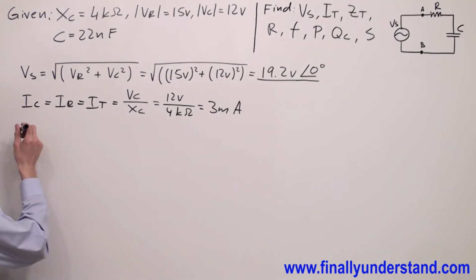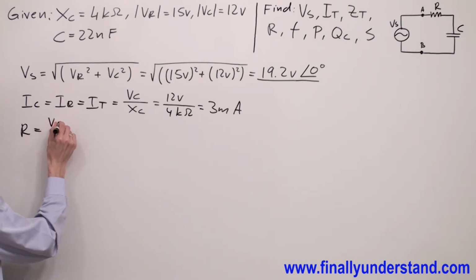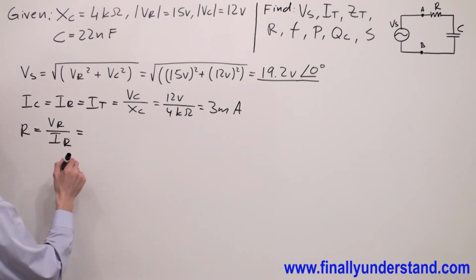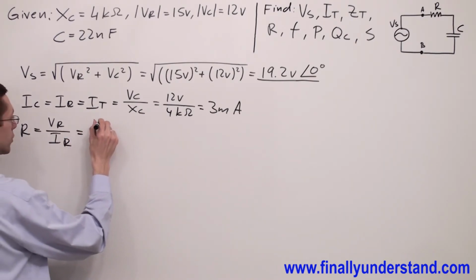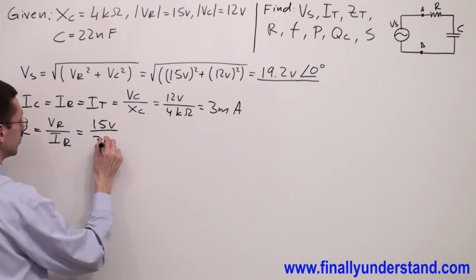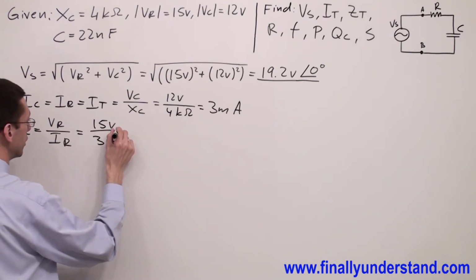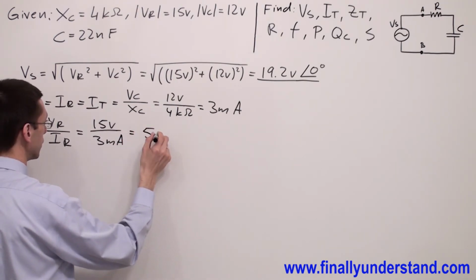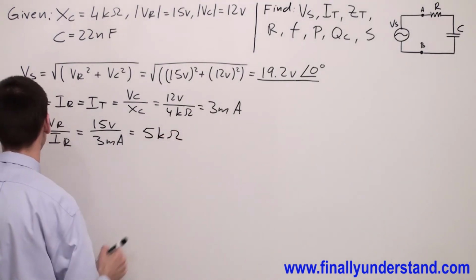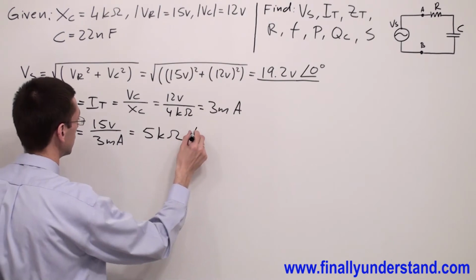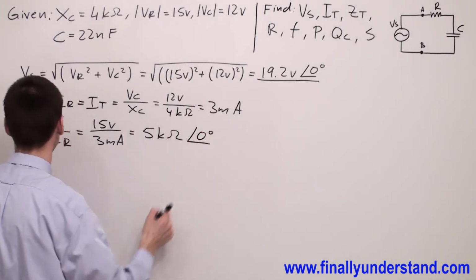Resistance is equal to the voltage across the resistor over the current through the resistor, where VR is equal to 15 volts over IR, which is equal to 3 milliamps. This is equal to 5 kiloohms. Remember, resistance always goes with an angle of 0 degrees.